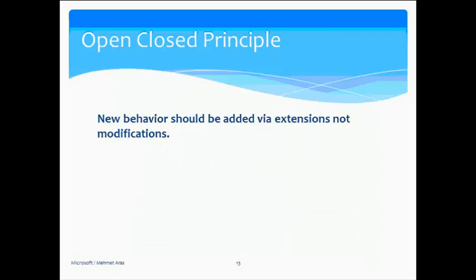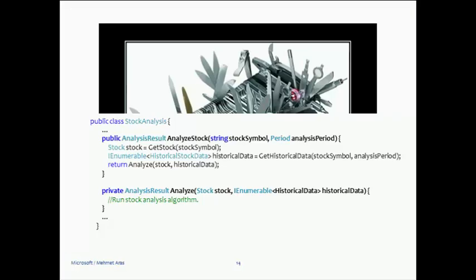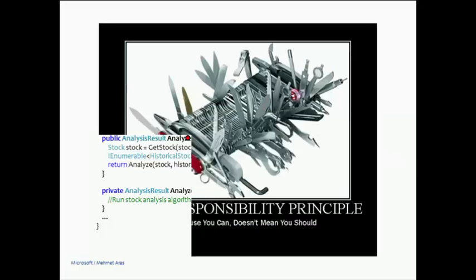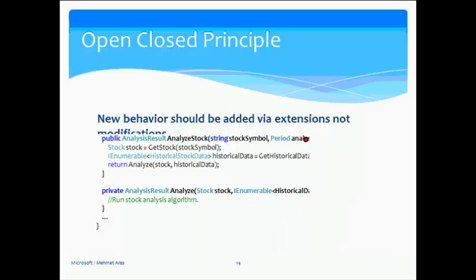So the next one is the open-close principle. This basically states that new behavior should be added via extensions, not modifications. Let me show you what this means. Again, I have a class here, StockAnalysis, and it has a public method called AnalyzeStock. I pass a stock symbol and a period that I want to analyze the performance of the stock over.